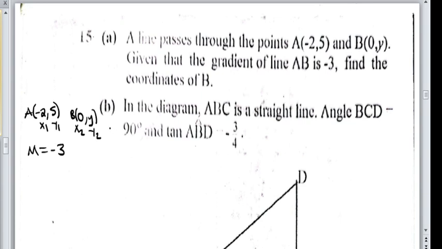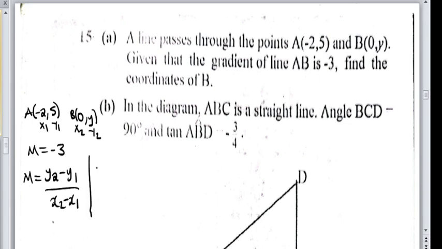Now for B, it is (0, y), so we're only looking for the y coordinate. How are we going to find the y coordinate? We use the formula for gradient. Gradient is equal to y2 minus y1 over x2 minus x1.